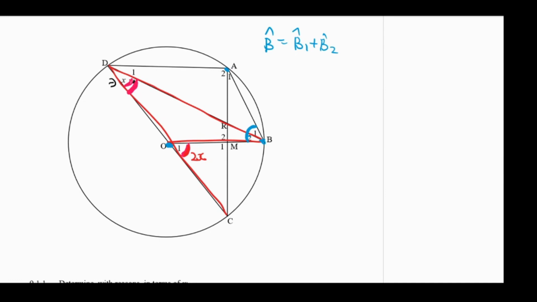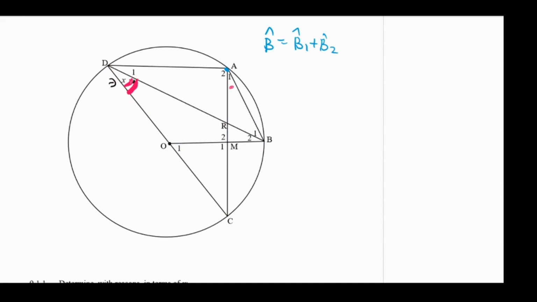For us to find angle B, we first need to identify the angles that lie inside this triangle here. We can use this triangle to find angle B. We know that here it's going to be 90 degrees, and we need to find this angle here, and then we'll be able to find angle B. So let me erase everything.